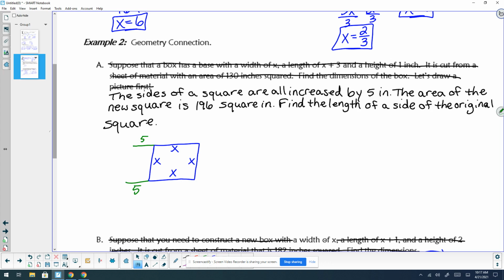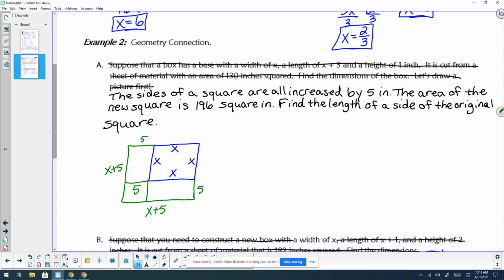Now, if I increase the right side down 5, the left side also has to go down 5 so that I keep them equal. Now I have a new box, a new square, that the sides of it are going to be x plus 5 all the way around. Okay? So, the sides of a square all increased by 5. That's what we just did with the green box.